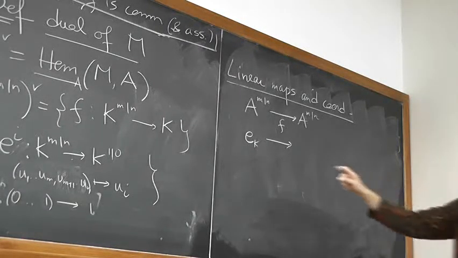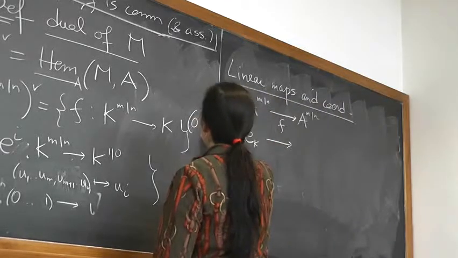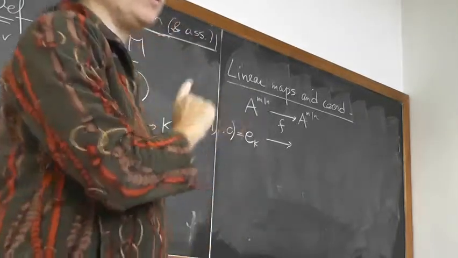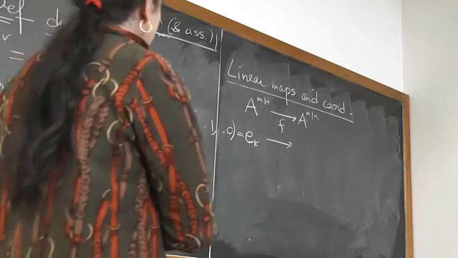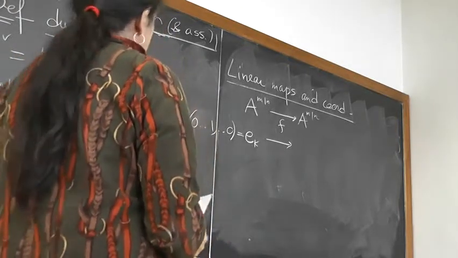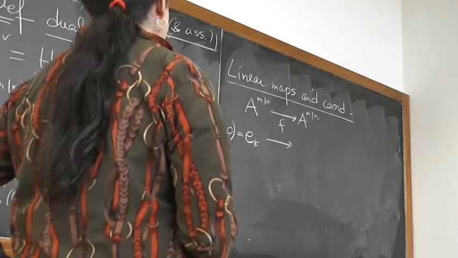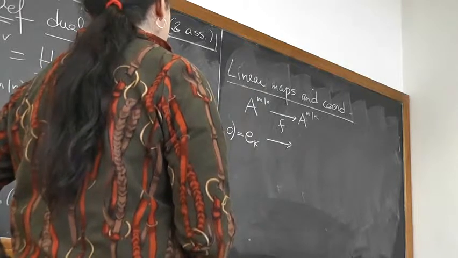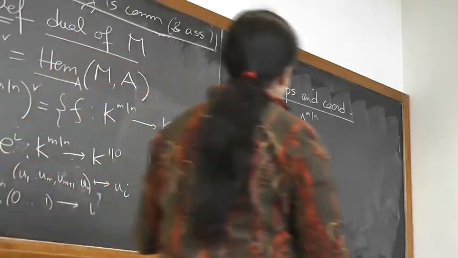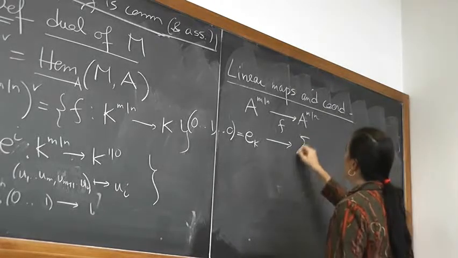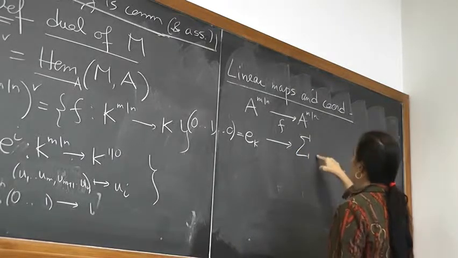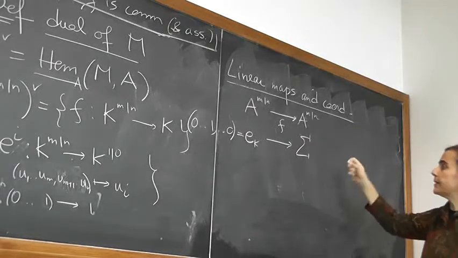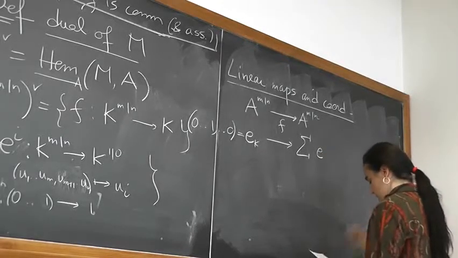So e_k is the usual thing, right? It is 0 and then there is 1 somewhere, then 0. All the elements will be combinations of these. The point is that we need a convention. Usually we put the matrix here and the coordinate here, right? But I want to do something different.